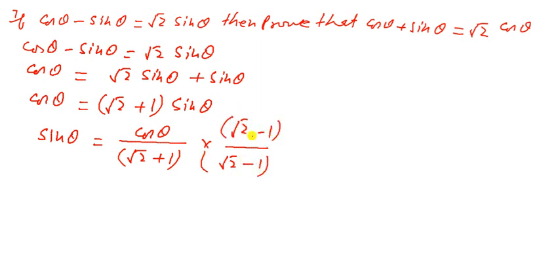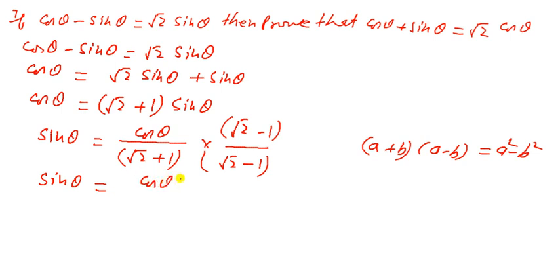Now multiply by conjugate factor, that is for rationalization, under root 2 minus 1, and here is under root 2 minus 1. So as you know, a plus b and a minus b, that is a square minus b square. So what will happen in this?